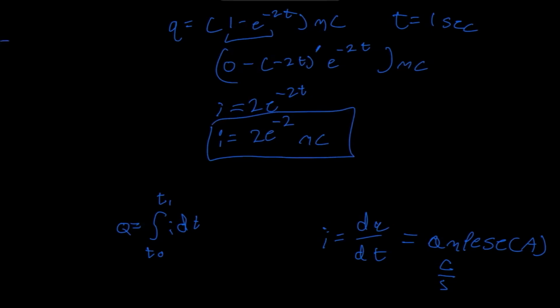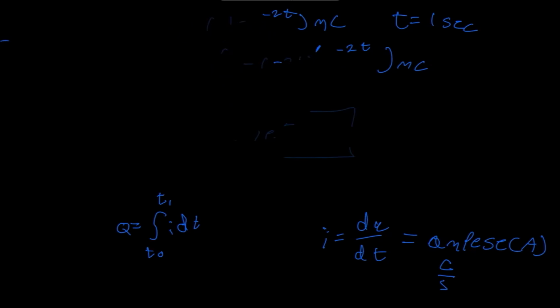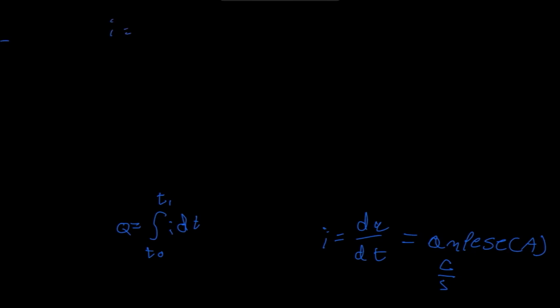All right, now let's do one where we have a current and we want to find the charge. So in this example, I'm going to have a current being represented by the equation of t squared minus 1 amps.